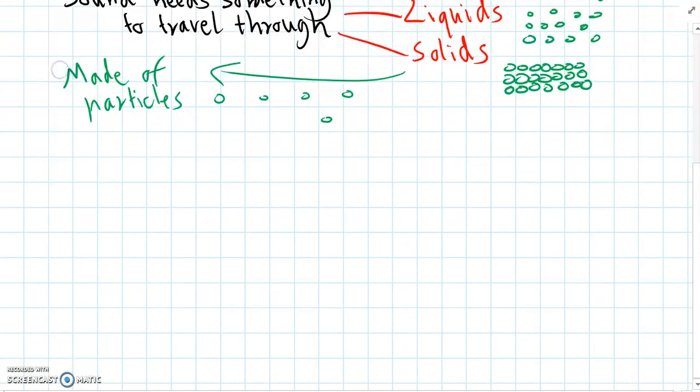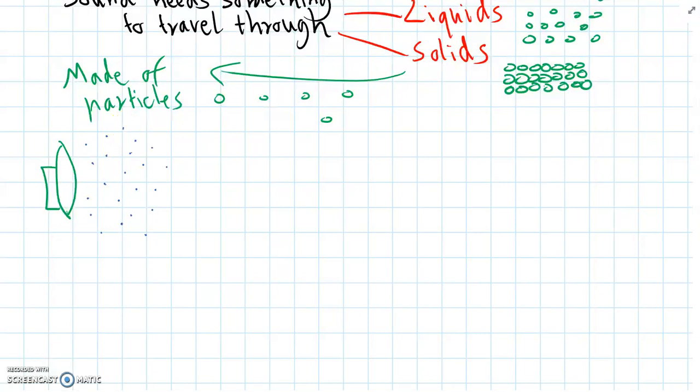So let's look back at our speaker example. Here is a speaker, and now we will put in some air particles around the speaker. So when a speaker makes sound, it will vibrate back and forwards. Let's look at when it vibrates forwards quickly.